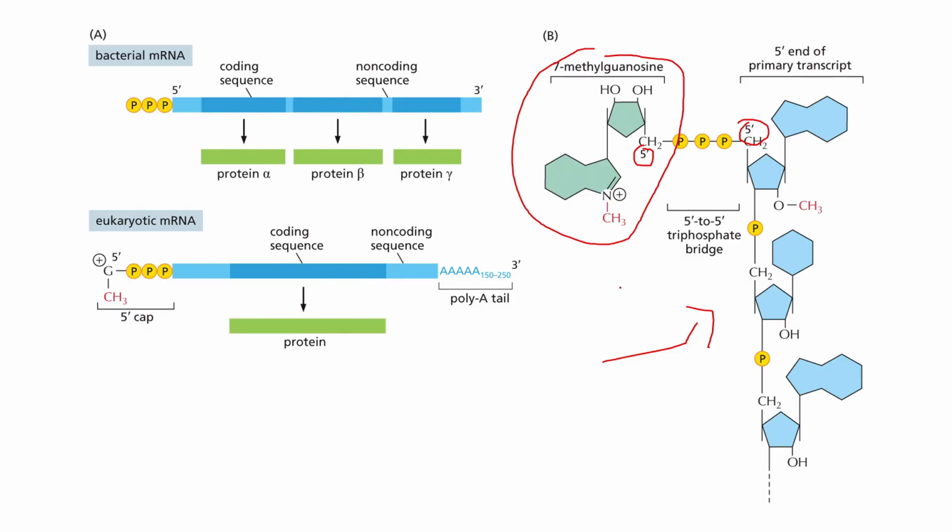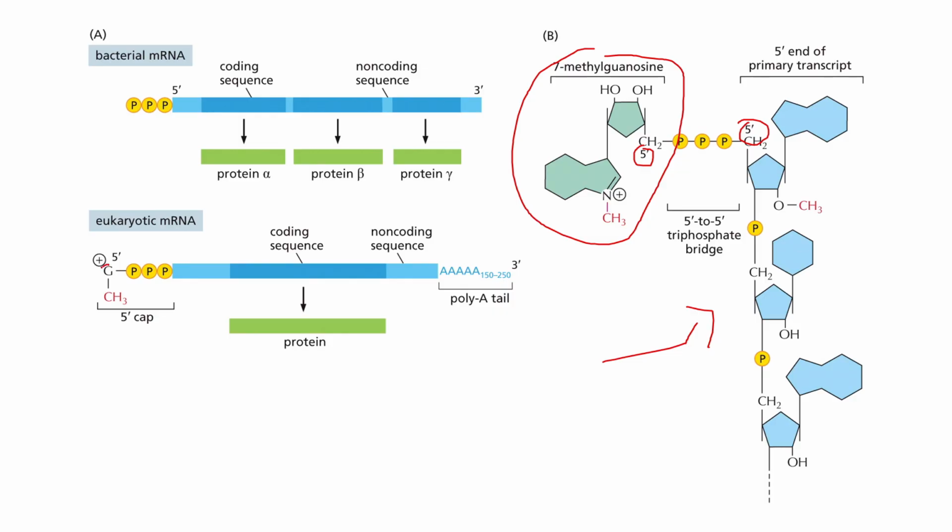So your methylguanosine, aka MGTP, right, is latched onto the 5' end of your RNA in the 5' direction. So it's a 5 to 5. So this prevents any other polymerase coming in to read the beginning of your RNA and cause a malfunction, right?